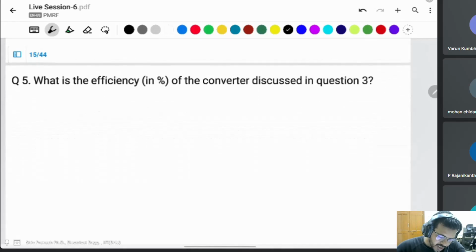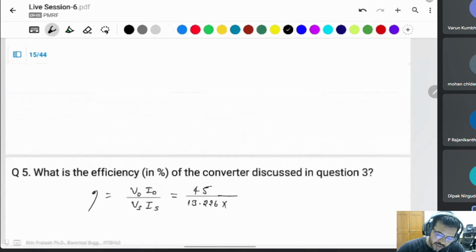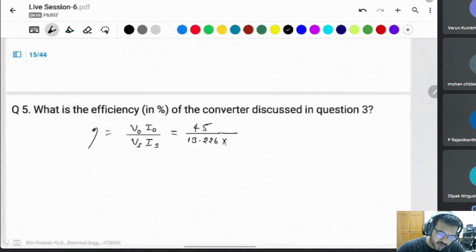Next question is given, what is the efficiency of the converter? The same question, efficiency. You know about efficiency, V naught I naught divided by Vs Is. Output power is given 45 watts. Input voltage we have calculated, it will be 13.226 into input current.